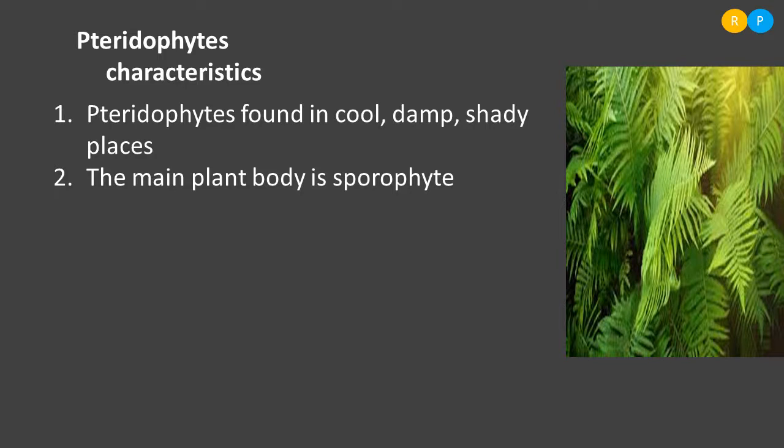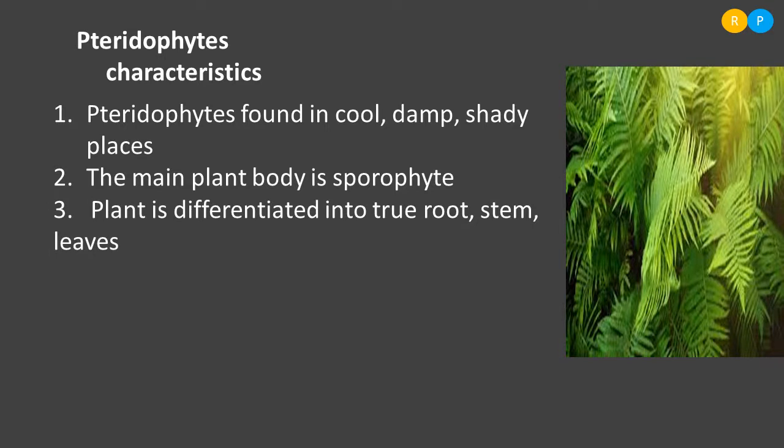Understood? So the sporophyte in the pteridophyte is well differentiated. That means the plant is well differentiated into true root, stem and leaves. So all the plant parts that we can see in the pteridophytes are well differentiated and these parts are called true roots, true stem and true leaves.